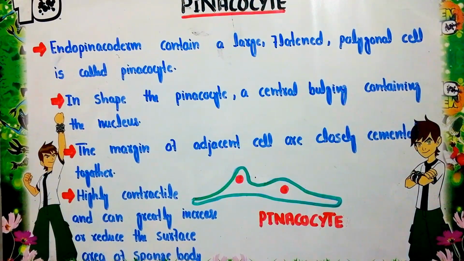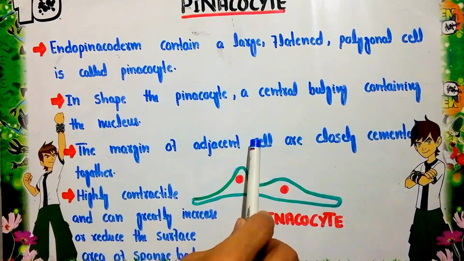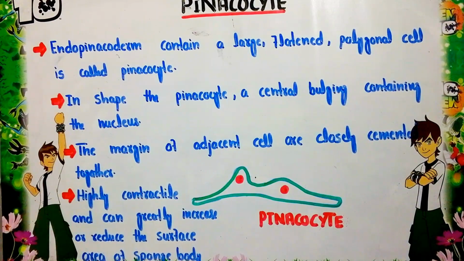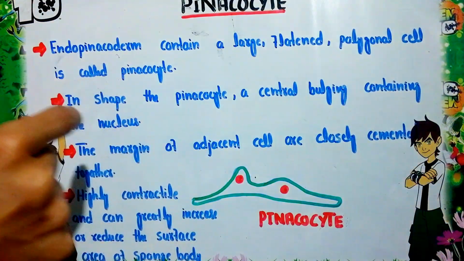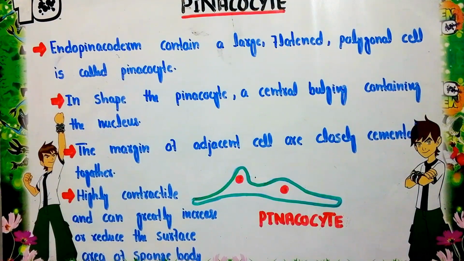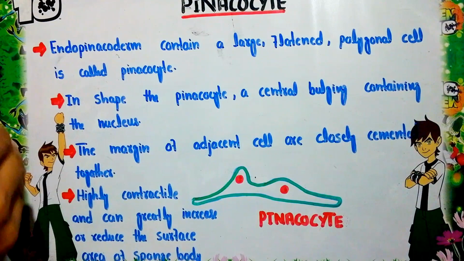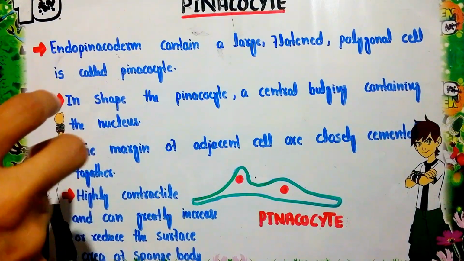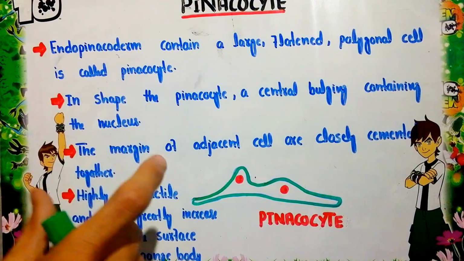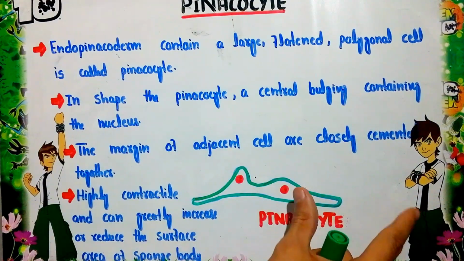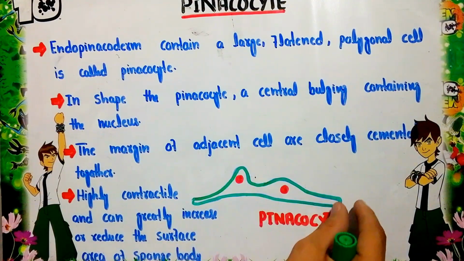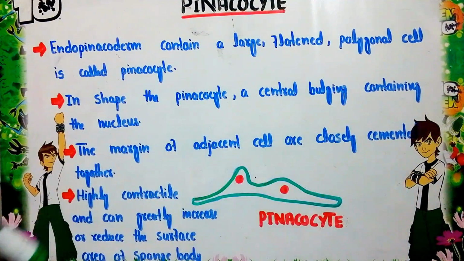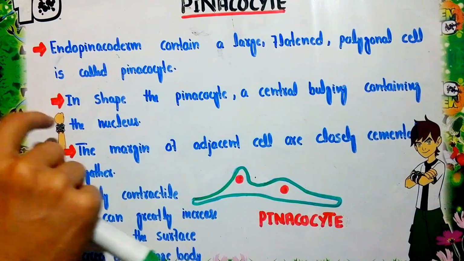Now, the margins of the adjacent cells are closely cemented together, as we have already discussed in the etymology of the pinacoderm, that the pinacocyte cells in the pinacoderm layer are connected with each other and form a flat-like structure. So the margins of these cells are connected with each other.